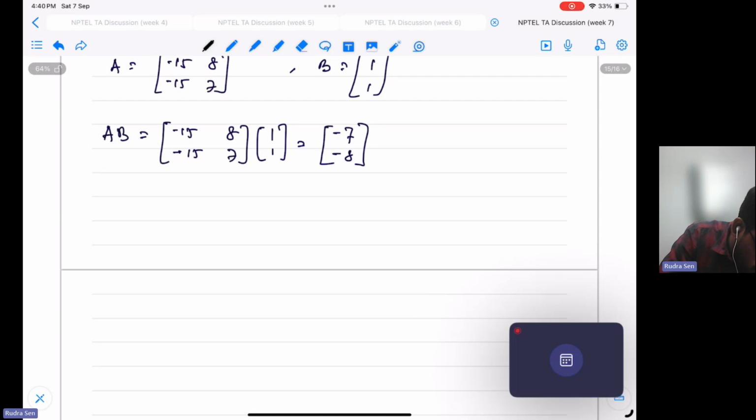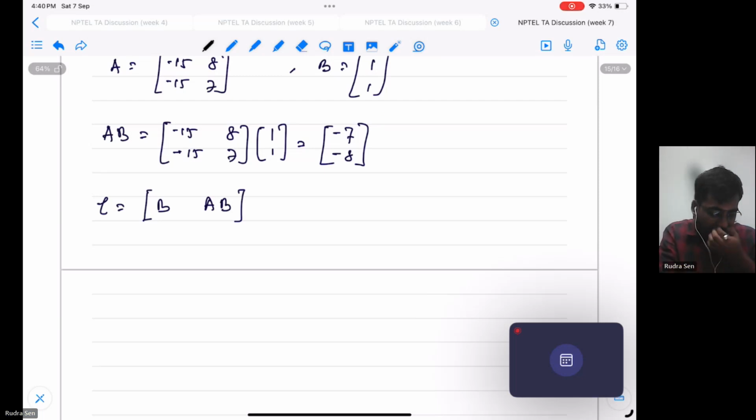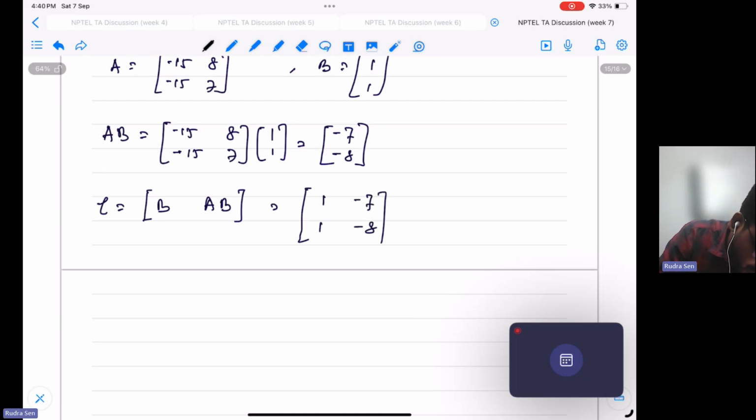So the controllability matrix C is B and AB. So it's [1 -7; 1 -8].